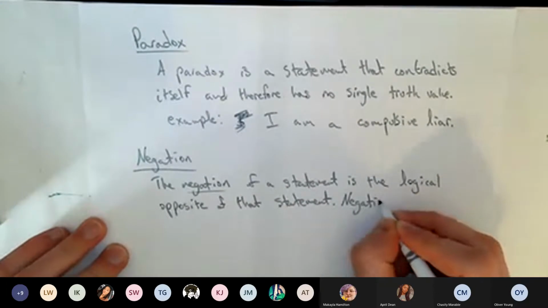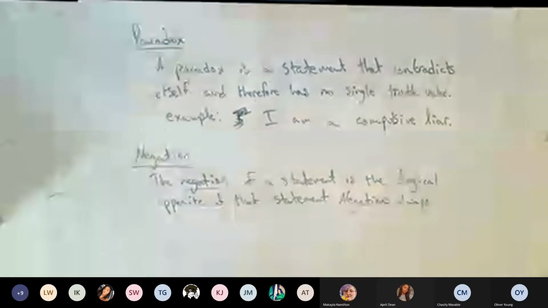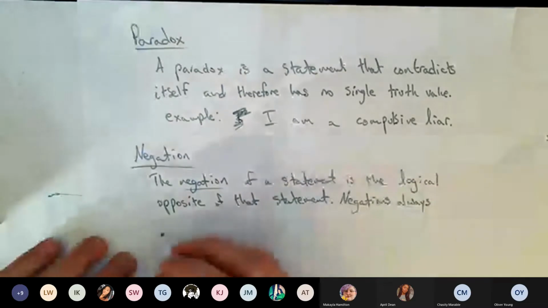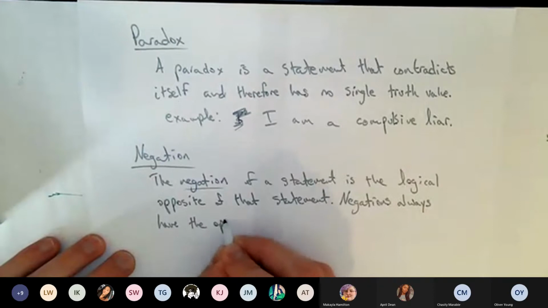Negations always have the opposite truth value of the original statement. What I mean by make a lot of sense is it should seem like an analogy to what opposite means in algebra.